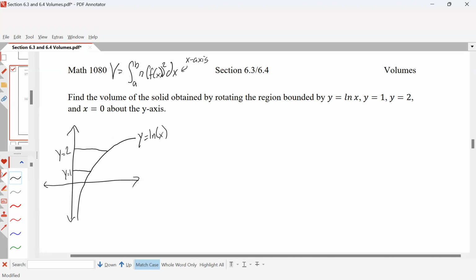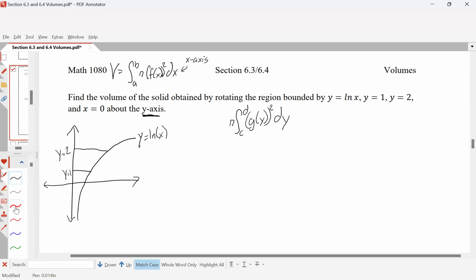As I just said, if we're going around the y-axis, we need our integral to be in terms of y. So we are looking for the integral from c to d of pi times the function in terms of y, squared, dy.